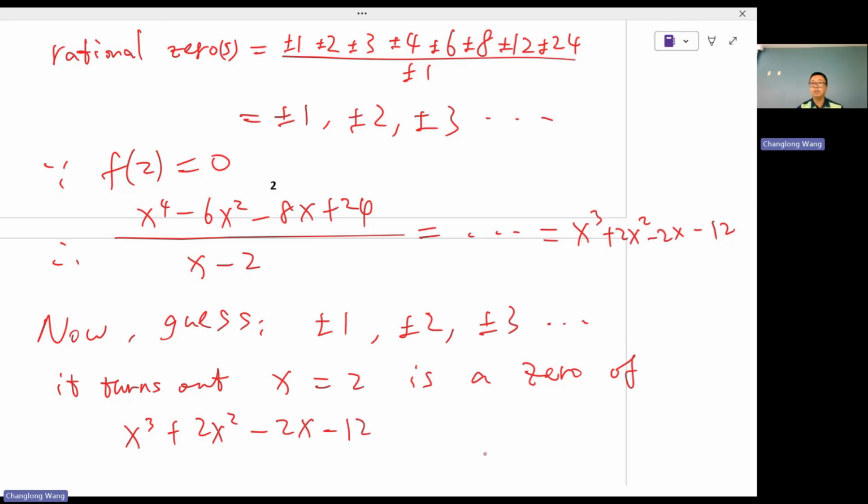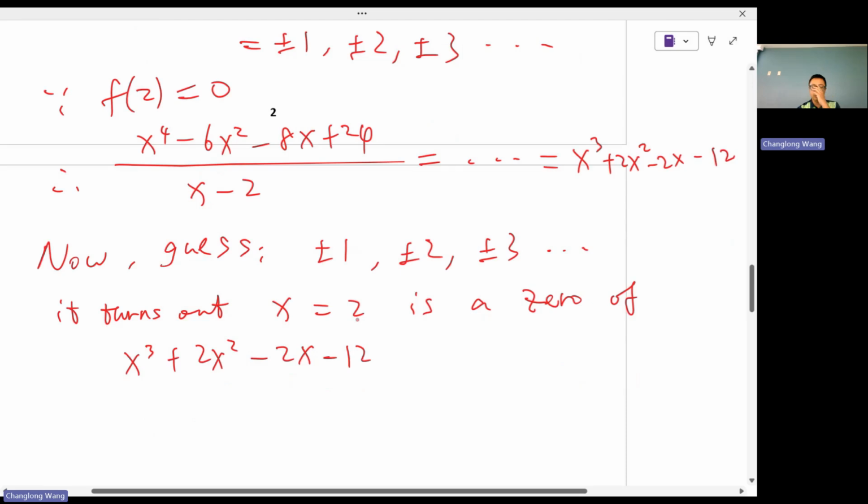And again, please make sure that you convince yourself after class, 2 is indeed a 0, right? So now what? Do the division once again.